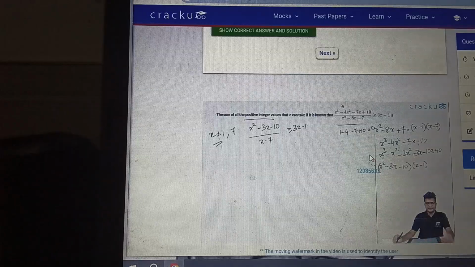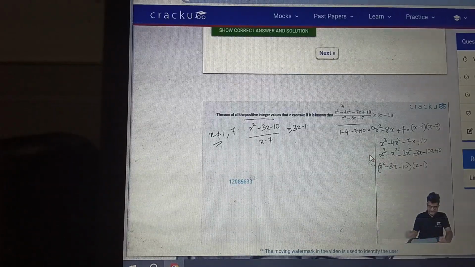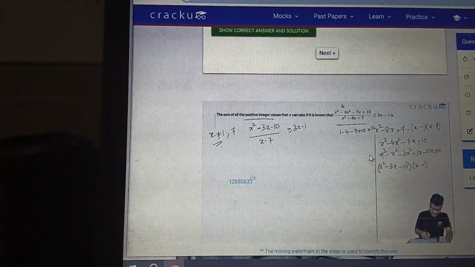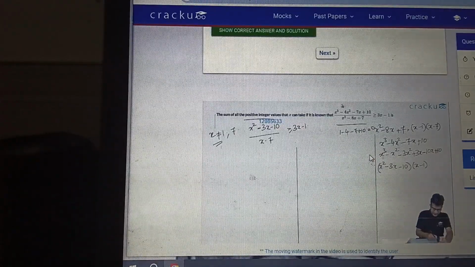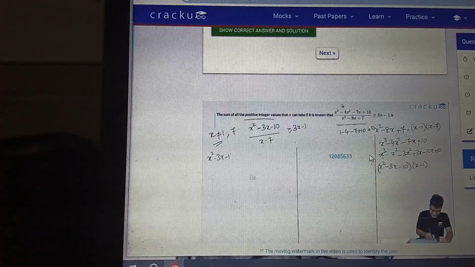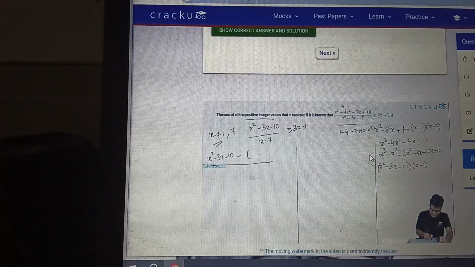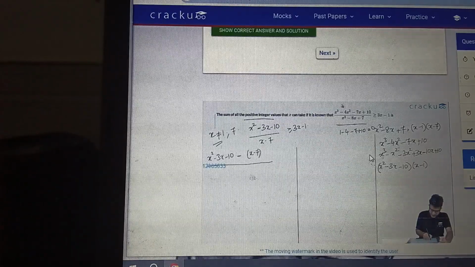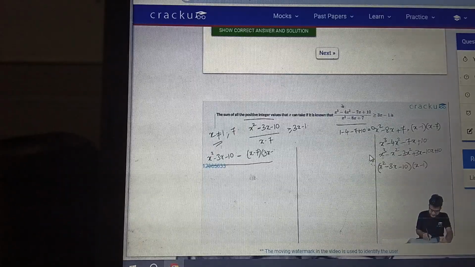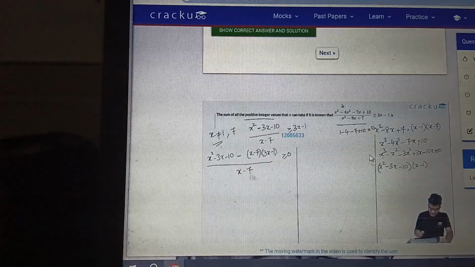Now let us bring 3x minus 1 to the left hand side and take the common denominator, which will be x minus 7. So the inequality will become (x square minus 3x minus 10 minus (x minus 7) into (3x minus 1)) divided by (x minus 7) is greater than or equal to 0.